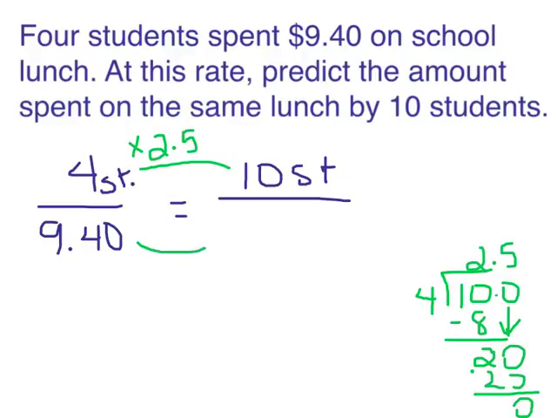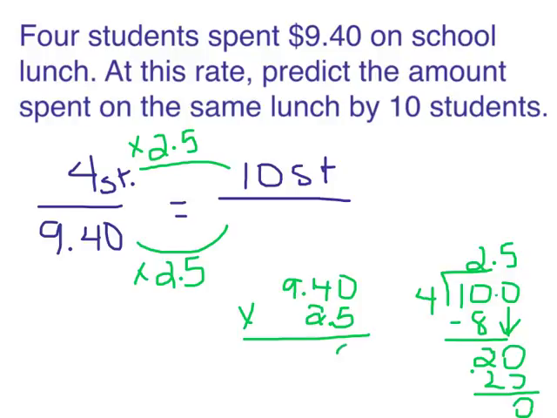I could do the same thing here, times 2.5, 9.40 times 2.5.